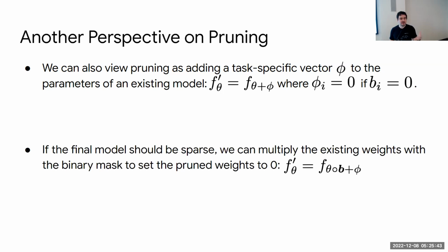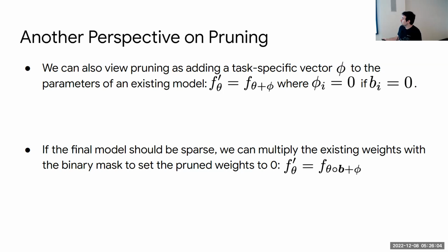And in practice, the typical way that people do pruning, as I mentioned, is by actually setting parameters or values to 0. If you are just using this formulation here, you would only add your updates, or add the subnetworks, for the sparse set of parameters, but would still keep the other parameters fixed.